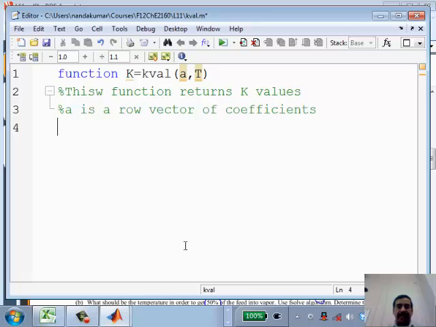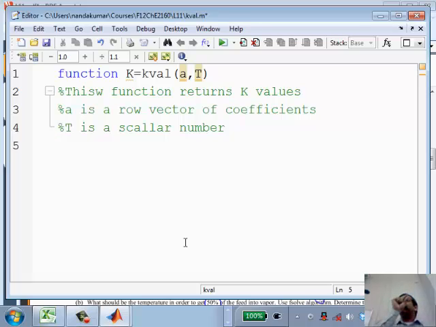Okay, and T is a scalar number. Just one number, temperature. At that temperature, I want to calculate the k value of that particular component that corresponds to the row. Okay, so how can I do that?